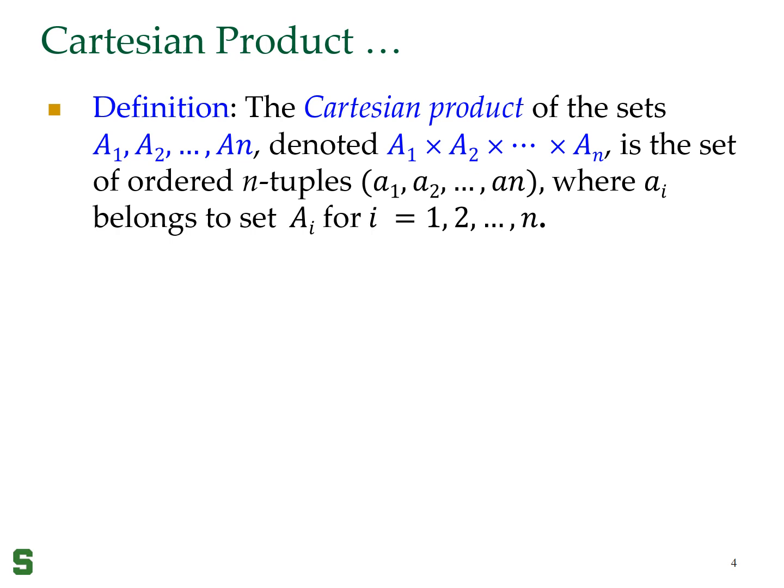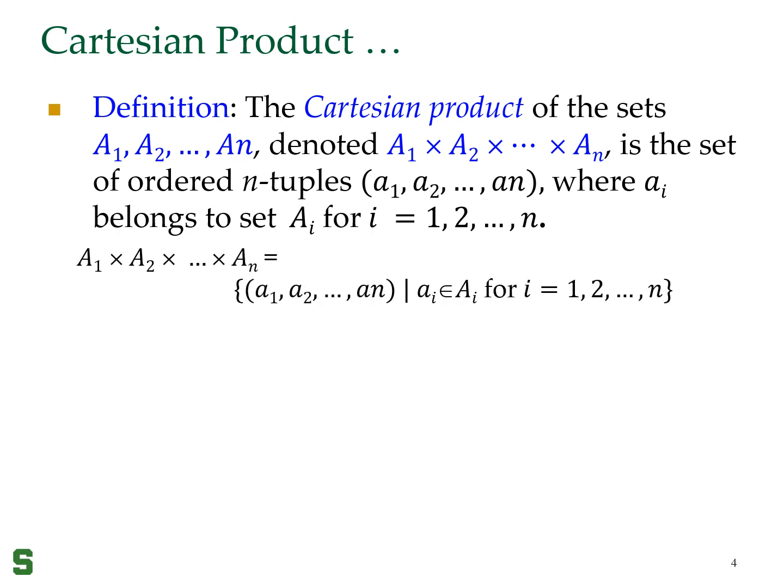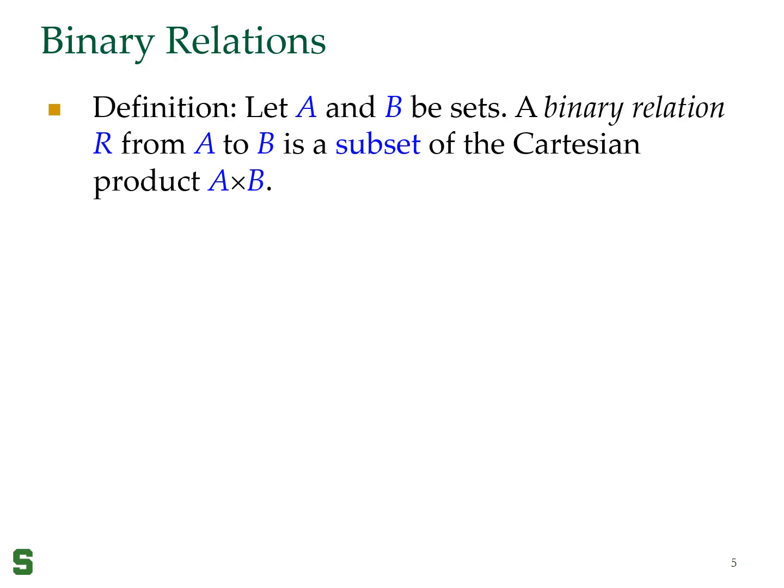The Cartesian product of n sets A1 through An was defined. You take the first element from the first set, the second element from the second set, and we create tuples like this. The relations that we are going to talk about in this class are what are called binary relations.